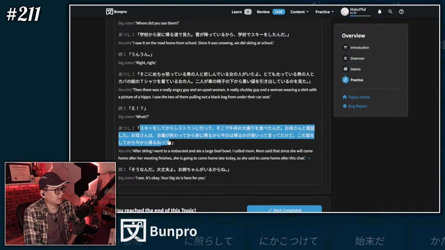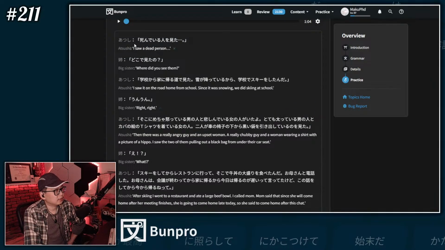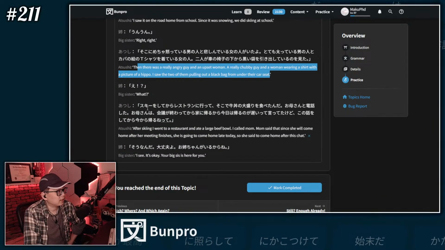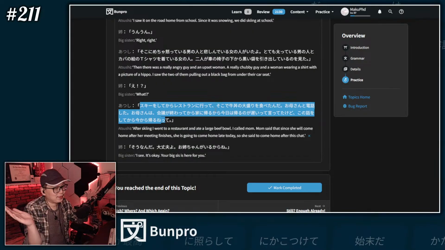I was expecting him to continue talking about the story, like this person said they saw a dead person on the way back, right, on the road back from school, from the skiing, right, since it was skiing. However, then it didn't really lead up to talking about the dead person. So I imagine this was to set up the dead person. And then she's like, what? And then suddenly he starts talking about skiing again. And I'm like, what is happening?